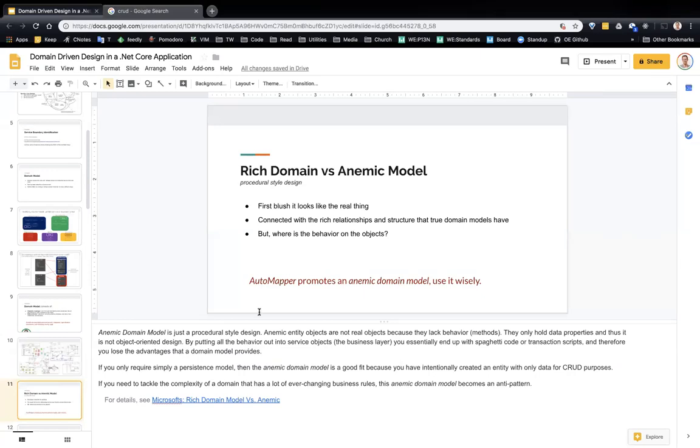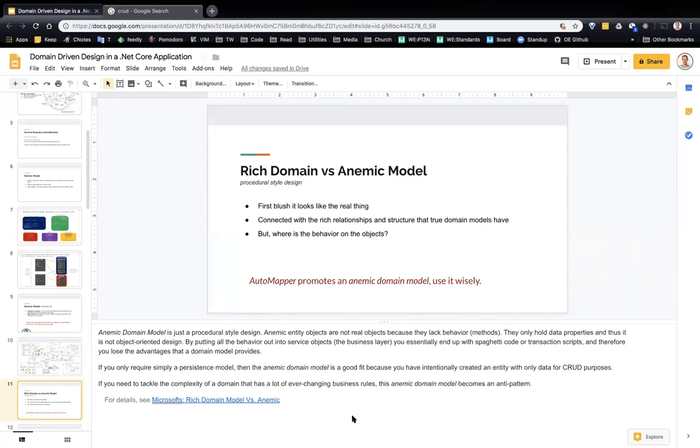So if you only require a simple, persistent model, the anemic model is a great fit, right? Let's talk about the FFM bounded context for a second. From your experience so far, Monica, do you feel it's a complicated model or very simplistic? It's complicated, right? So if you want to tackle complexity in a domain, you want to leverage business rules.